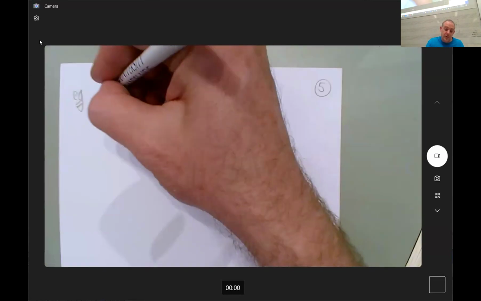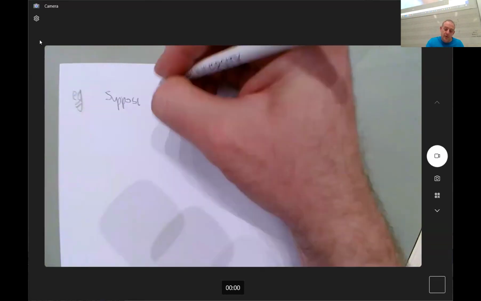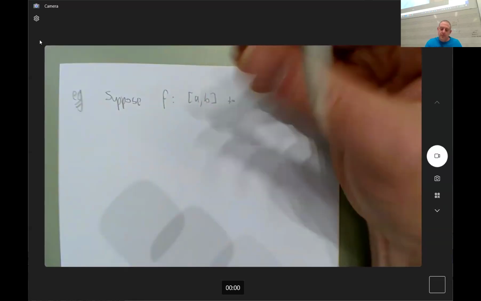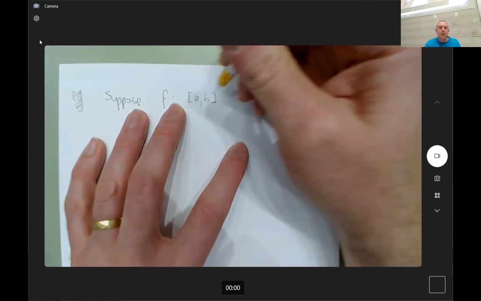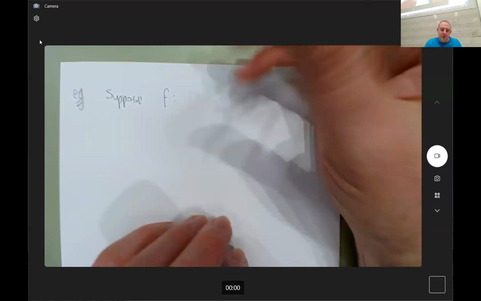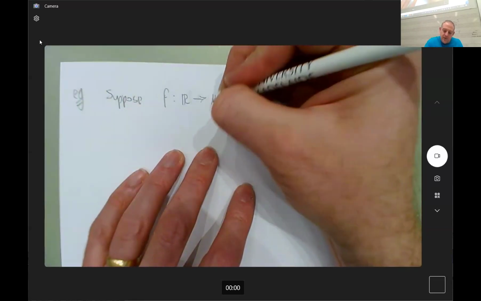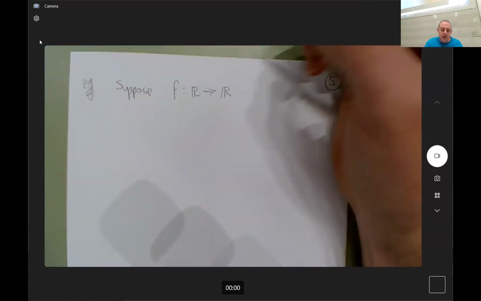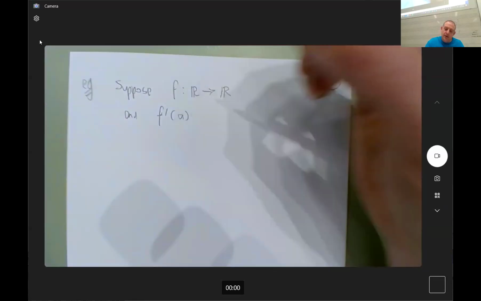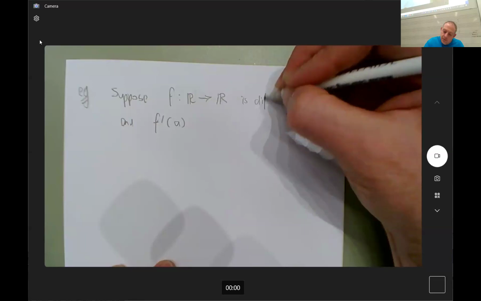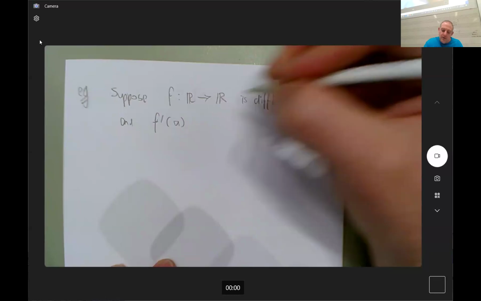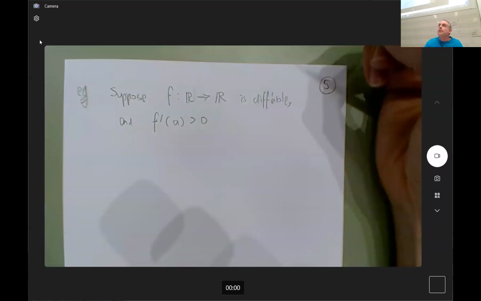I'm going to say suppose F sends... Wait just a second. I'm going to try one and see if I can make it work. Okay. Suppose F sends R to R, and F is differentiable at the point A, and F dash of A is strictly positive.